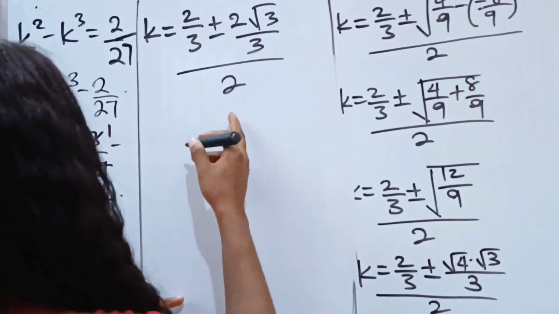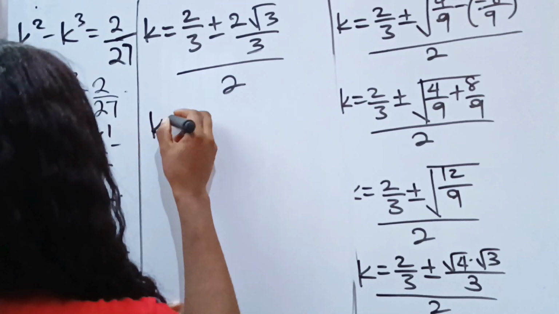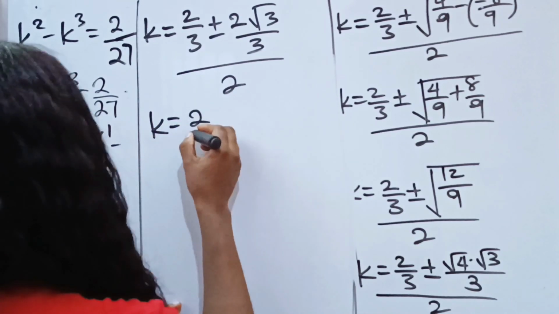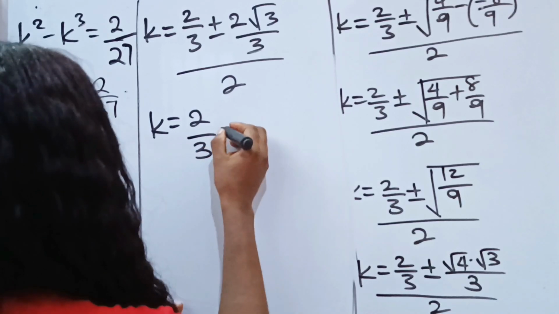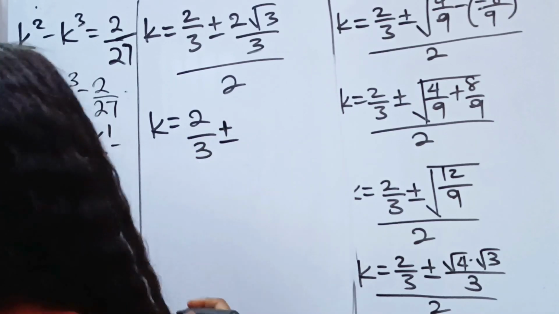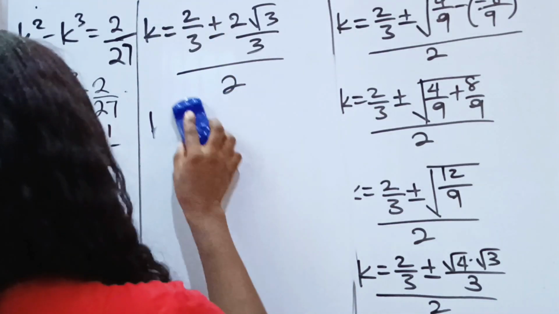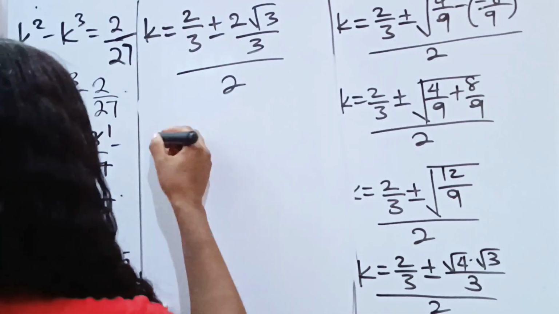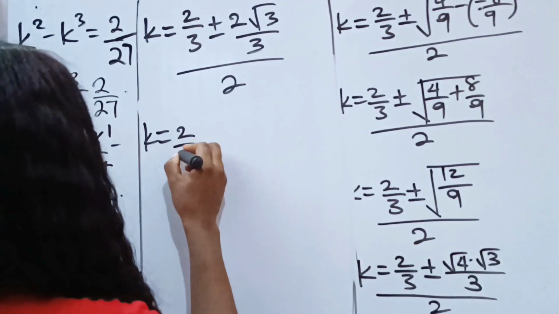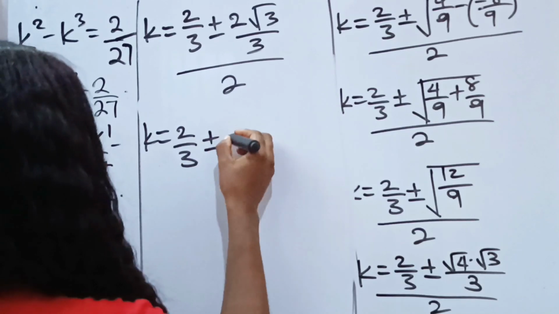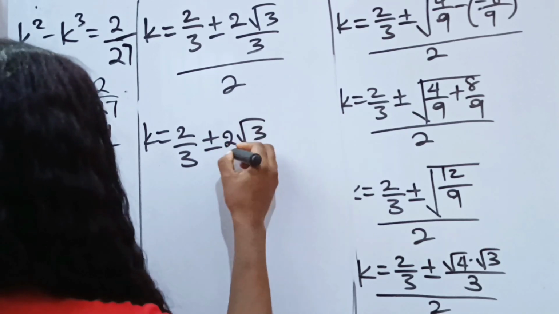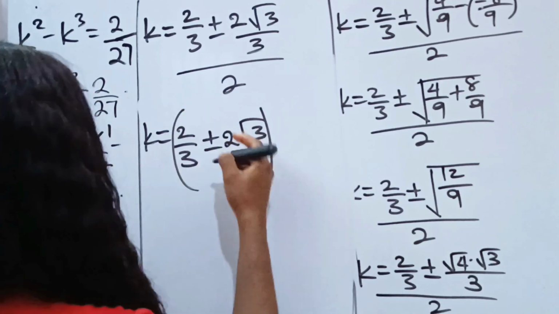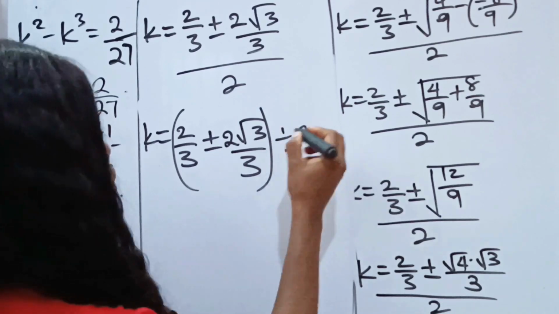So what we have now is that our k is equal to 2 over 3 plus or minus 2 root 3 divided by 3, everything is divided by 2.